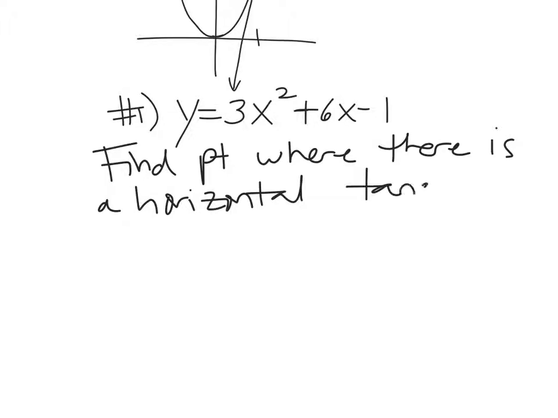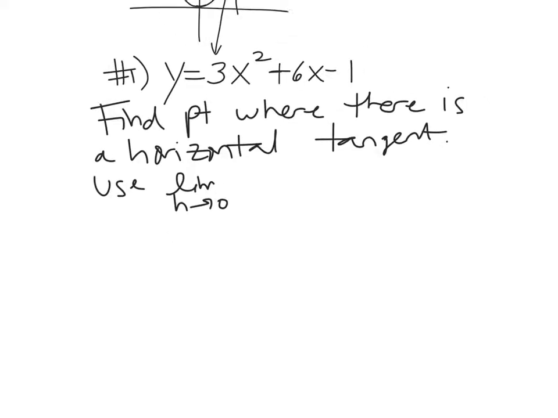We're going to do it the way that we've been doing it all along, with the limit as h goes to 0. So this problem can be done in algebra, it can be done in calculus, there's so many different ways to do this one. But you're going to be told to use the limit as h goes to 0.